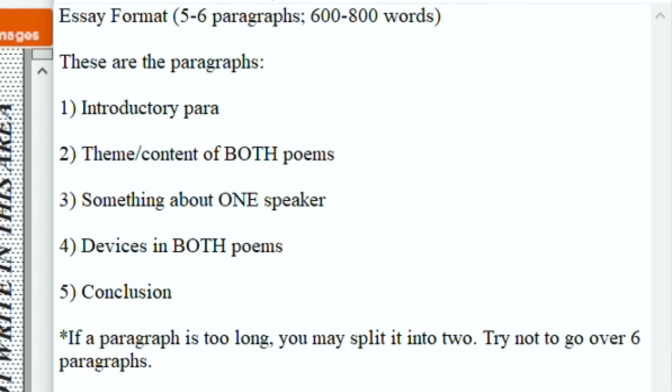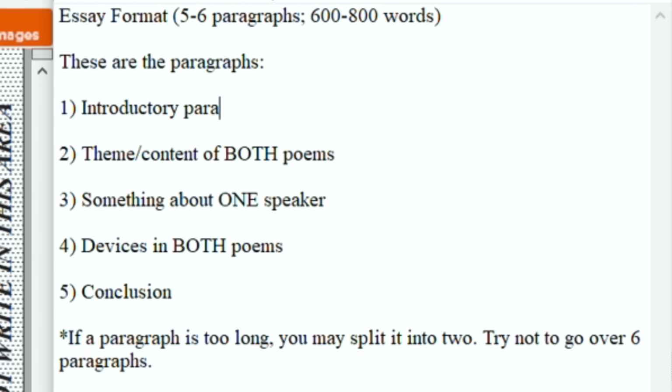So let's say you're talking about the themes of both poems, but after talking about only one poem, you already have what looks like a big paragraph. It doesn't make sense for you to write a super long paragraph just to keep the form. So you would just write about the other poem in another paragraph. CSEC does not stipulate that you need exactly 5 paragraphs. So if a paragraph is getting too long, you can split it at a logical point.